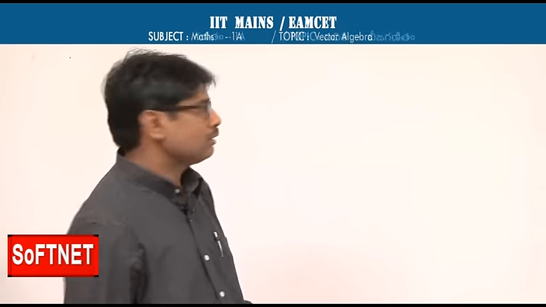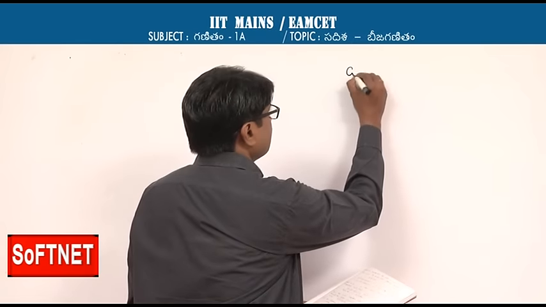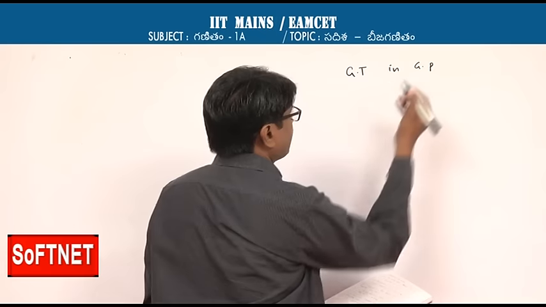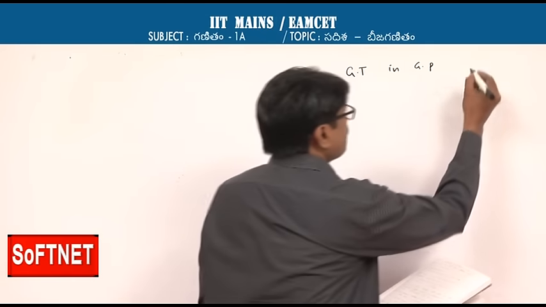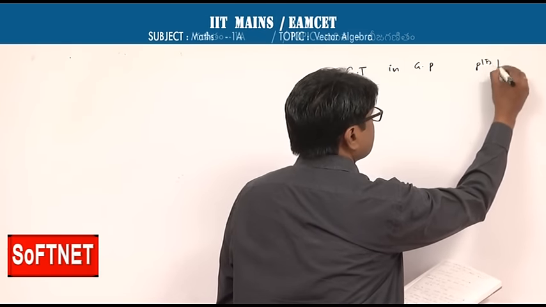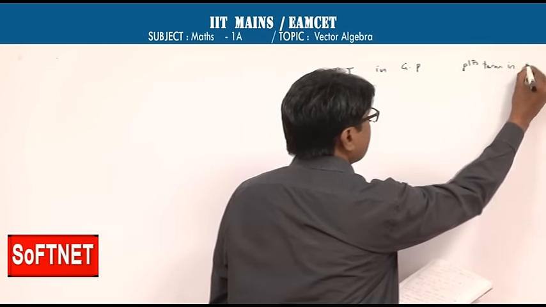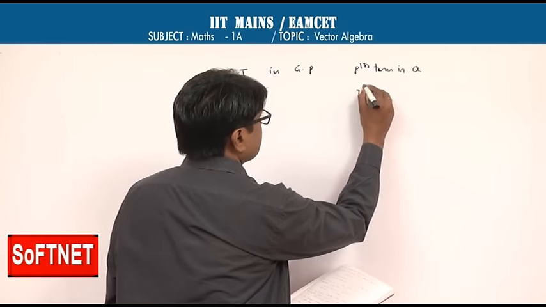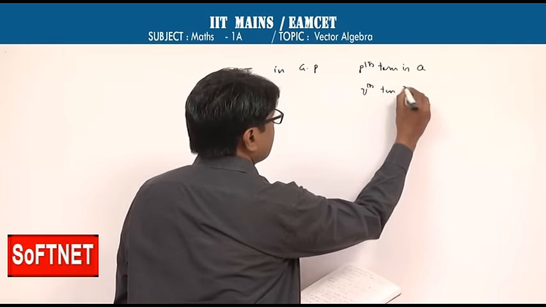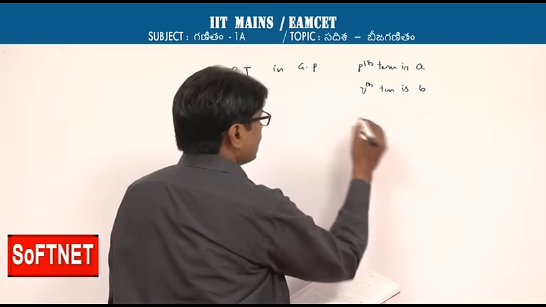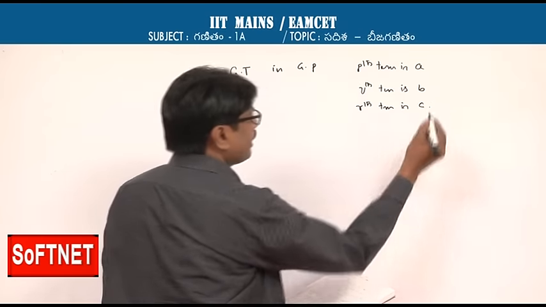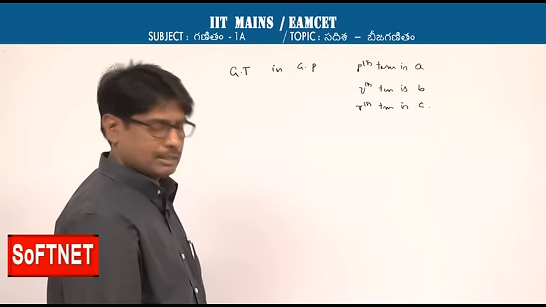Given that in a GP, in the geometric progression, pth term is a positive number a, qth term is b and rth term is c, where a, b, c are positive numbers.